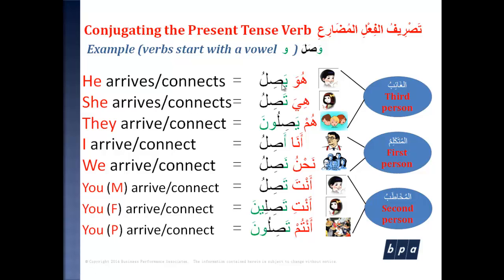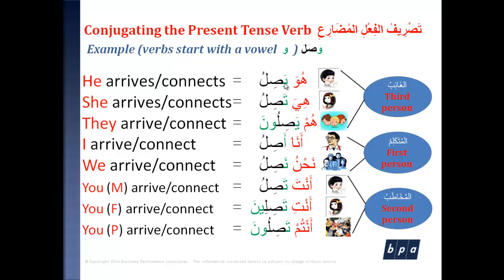Remember when we talked about how all present tense verbs have to start with one of four letters: the alif, the ya, the noon, or the ta. Well, here, if we add the ya and we keep the waw, it becomes awkward to pronounce.